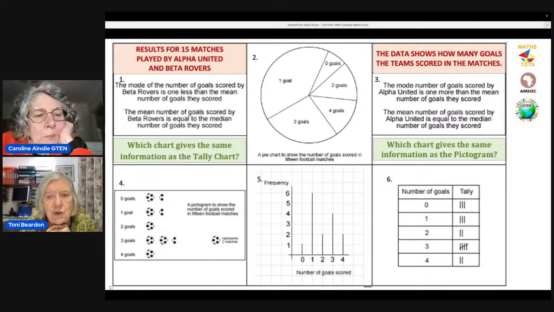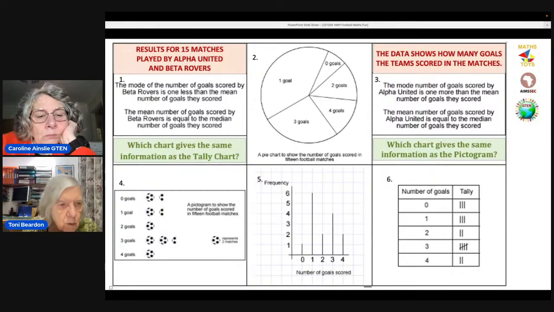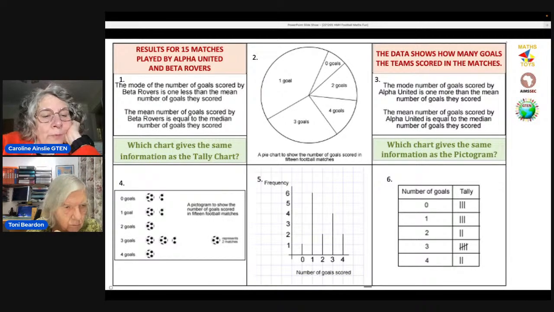Yes. So you should be able to see which is the mode. What's the mode in the pie chart? The mode in the pie chart is one goal. And what's the mode in the pictogram? The pictogram, let me see, the one with most, so there's one with 2.5 footballs, and that's 3 goals. So the mode in the pictogram is 3 goals. Yes.